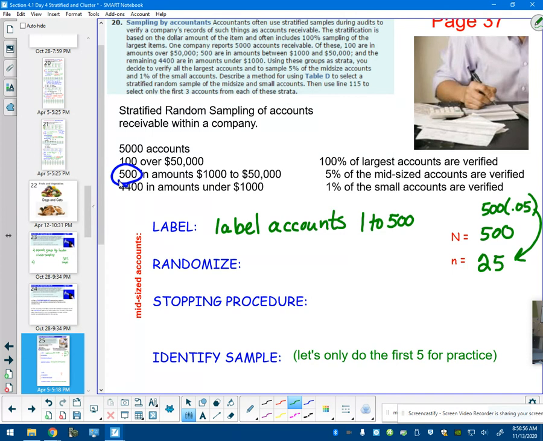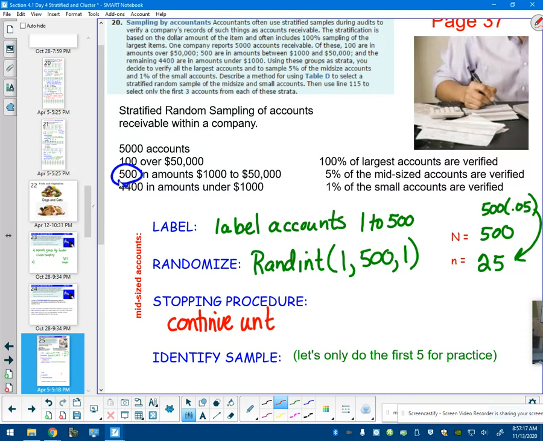So how am I going to randomize? I'm going to use randint, and I'm going to go from 1 to 500. Remember, you always have to pick out of your population, not out of your sample size. By ones, I'm going to continue until, don't look at this down here yet.